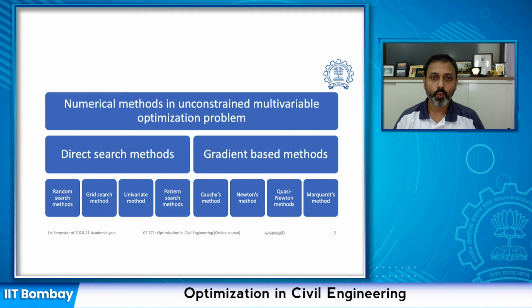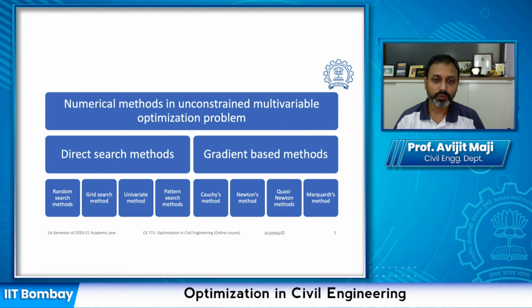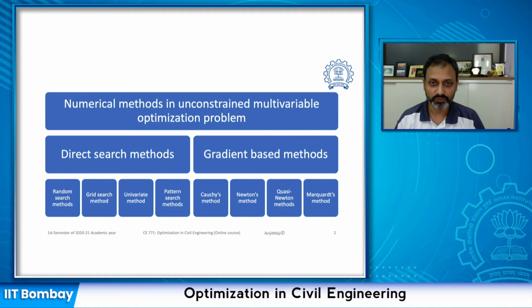Hello everyone, welcome back to Optimization in Civil Engineering. In the last few lectures, we discussed the numerical methods applicable for single variable optimization problems. However, in real world engineering problems, you will find most of the problems are multivariable. When we try to use numerical methods on these problems, you will find that some of these numerical methods are derived or extended versions of the single variable optimization algorithms.